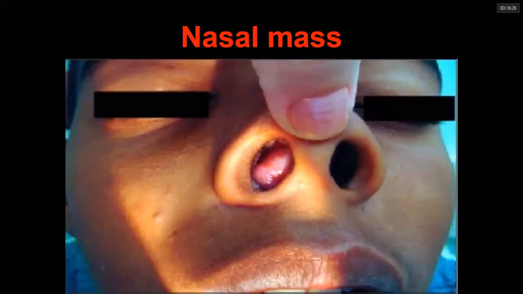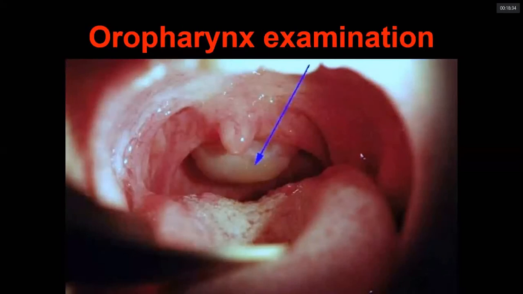So look here, there is a nasal mass protruding from the right nasal cavity. And on oropharyngeal examination, you see something protruding down from inside the oropharynx. So this can be the choanal part of the AC polyp. It has grown out into the nasopharynx and up to the oropharynx.